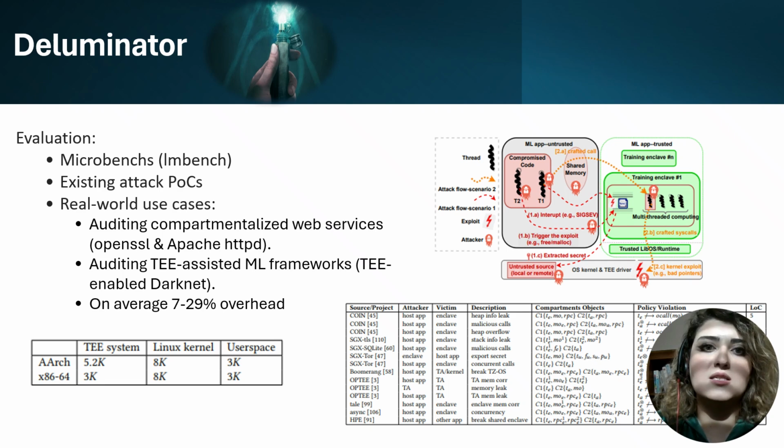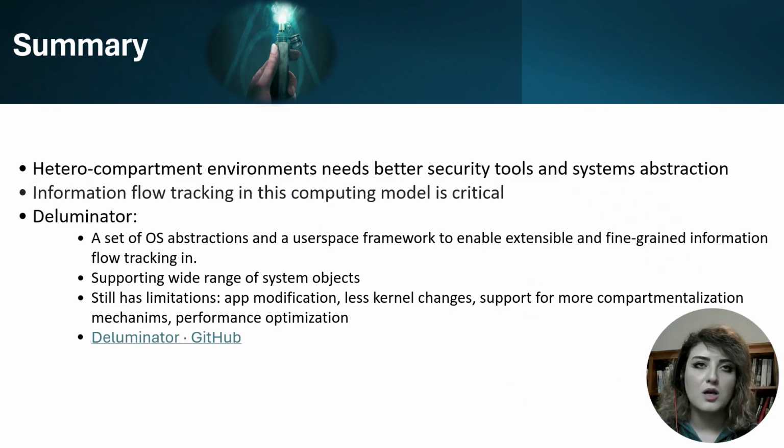auditing in existing systems. So in this presentation, we explained why hetero-compartment environments are basically the future model of computing, with more hardware features being added for better isolation and better compartmentalization. It cannot really be that secure to utilize if we don't provide better security tools and systems abstractions that are based on this model, not on the historic single-compartment model.